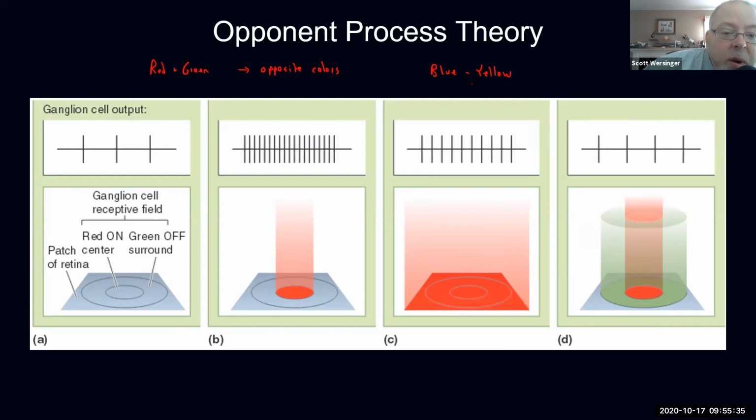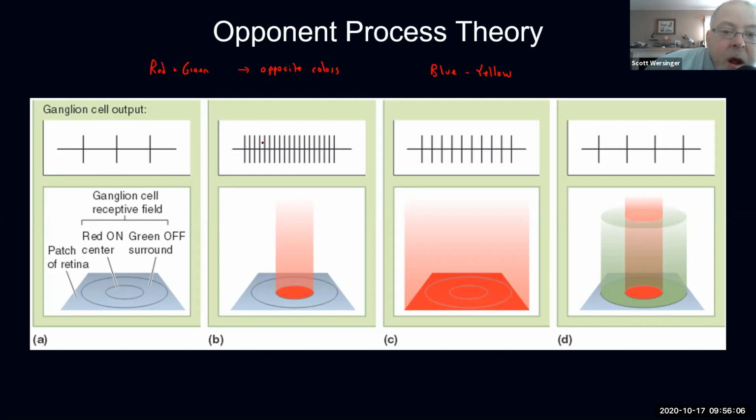So instead of red and green, we'll have blue and yellow. And these will change. The way this hypothesis goes is anytime we see an increase in firing rate, you are going to detect red. Anytime there's a decrease in firing rate, you're going to perceive green.